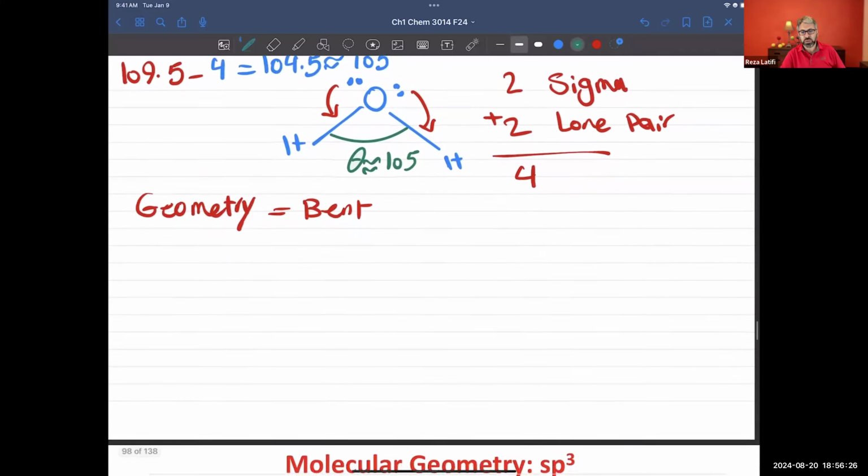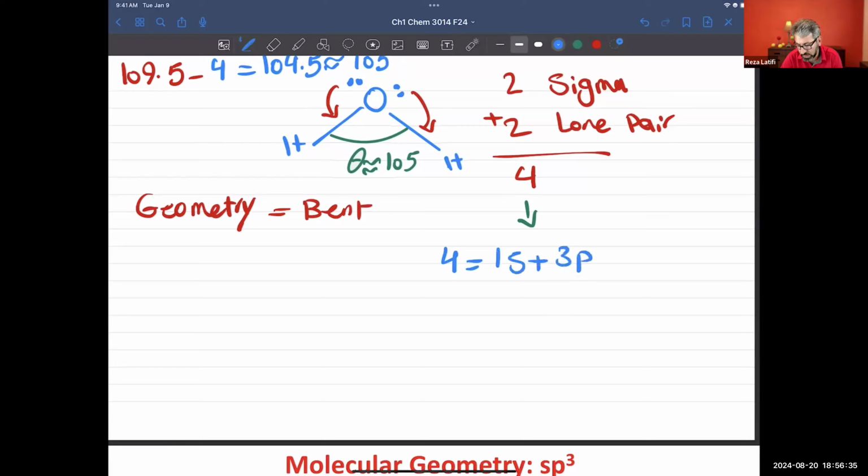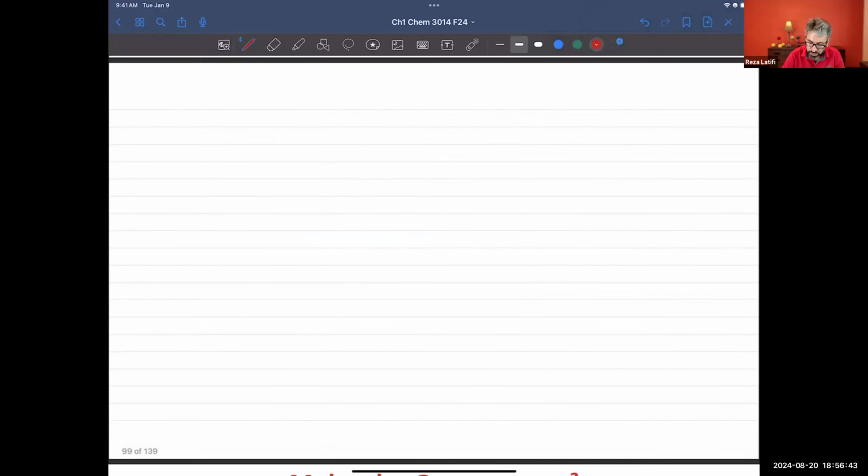Okay, next, how about the hybridization? Hybridization, I have 4 pairs. So I go 1 from S and 3 from P. I get 4 orbitals of S1 and P3. Okay, let's show them. We have oxygen with 4 orbitals.